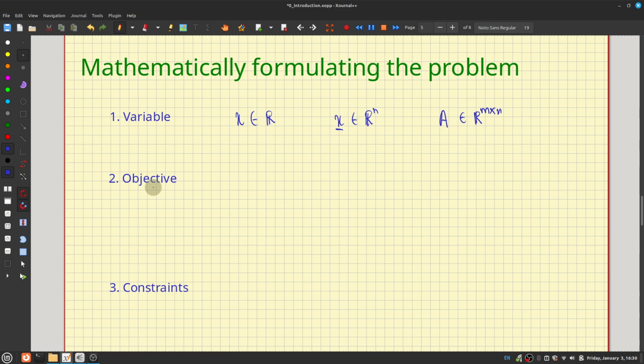So the objective could be, okay, I want to maximize the expected returns, right? So my objective is going to be some function. I'll call that f0 of x. In this particular example, the variable could be x.